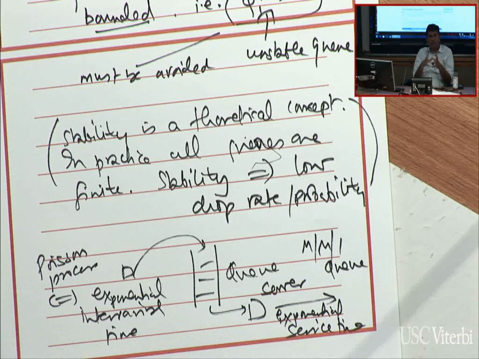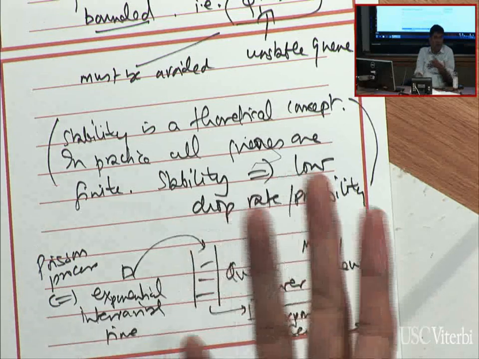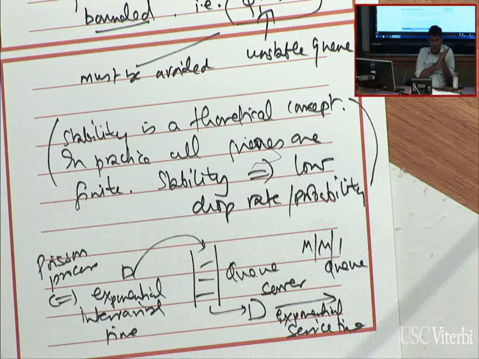So you have a server, packets or customers arrive with a Poisson random process with a certain rate, which means that each time they arrive, the time to the next arrival is an exponential random variable. The server, each time it gets a customer or packet, takes a certain amount of time to process or send that packet. You can think of the server as literally a cashier in a grocery store. It takes a certain amount of time for them to deal with each customer. How long that time is for each customer is also exponential in an MM1 queue.